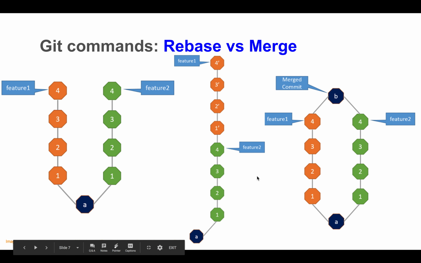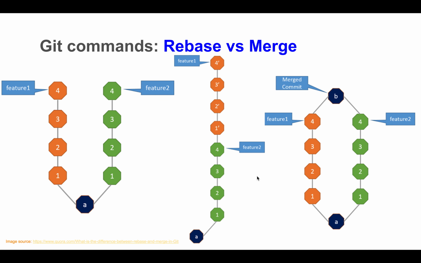So which one should we use, rebase or merge? It depends on the situation. If we don't care about the history of the commits, then we should do the rebase. If we want to see our commits in a nice, beautiful way, then let's do the rebase.